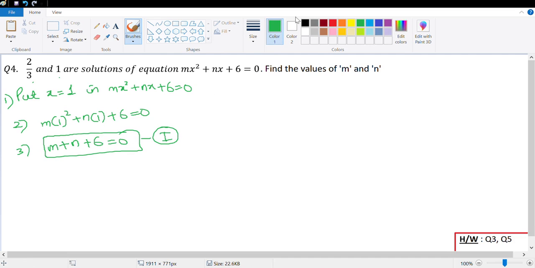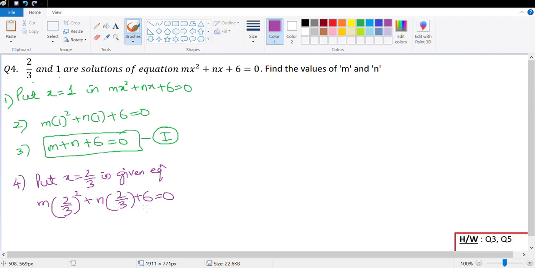Next, let's put x is equal to 2 by 3 in given equation, and what we get is m times 2 by 3 whole square plus n times 2 by 3 plus 6 is equal to 0. So this is 4 upon 9m plus 2 upon 3n plus 6 is equal to 0.